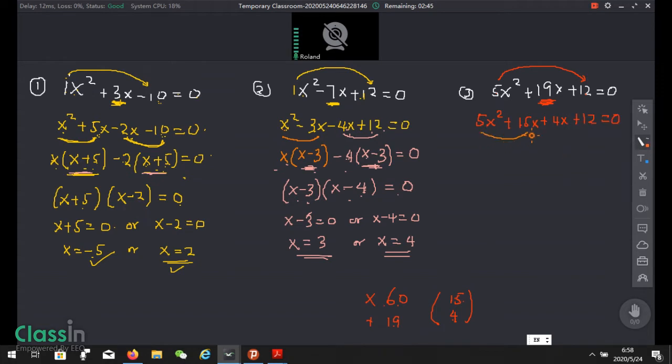We factorize the first two terms and also the next two terms. If we take the first two terms, 5 is common to both terms and x is also common to both terms. So we can factorize 5x out. If we take 5x out, we have x plus 3 because 5x times x is 5x squared, and 5x times 3 is 15x.